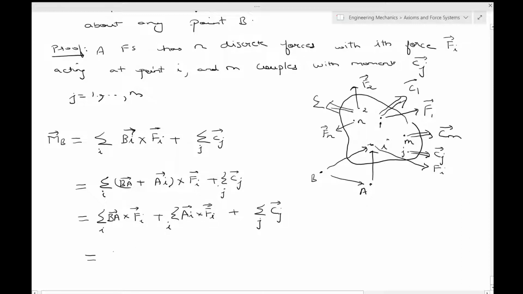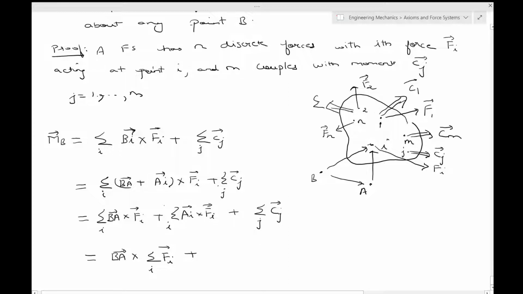Now this Ba cross summation can be taken inside. The reason is the vector Ba is independent of i. So for any given i, vector Ba remains the same, so the sigma sign can be taken inside over here.